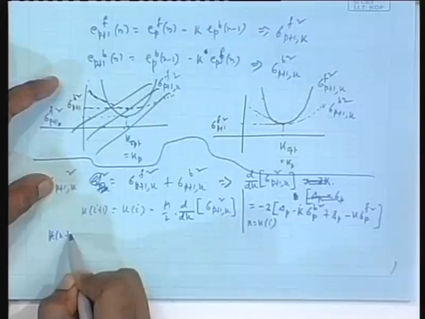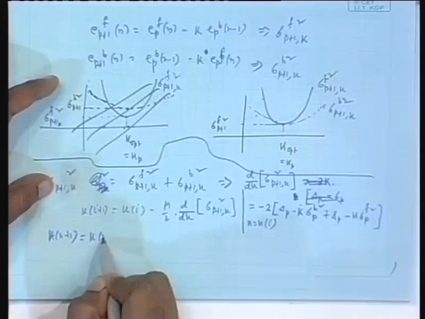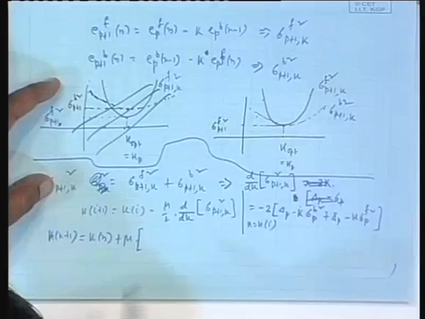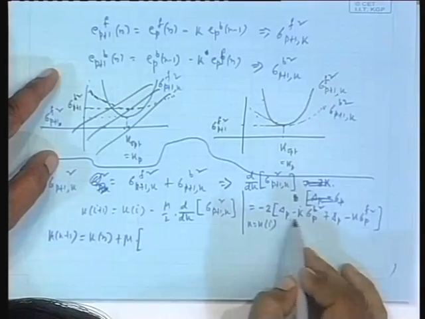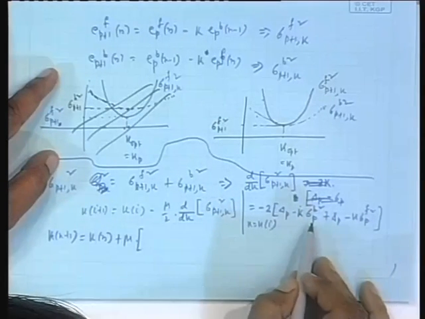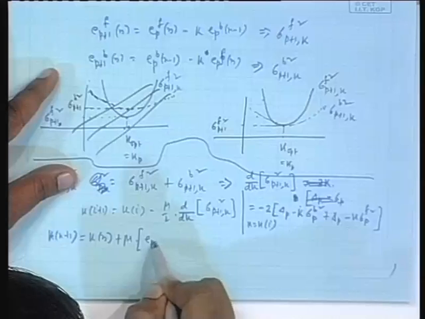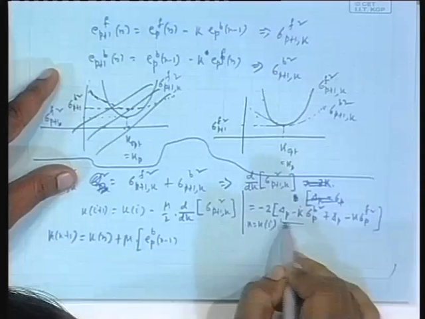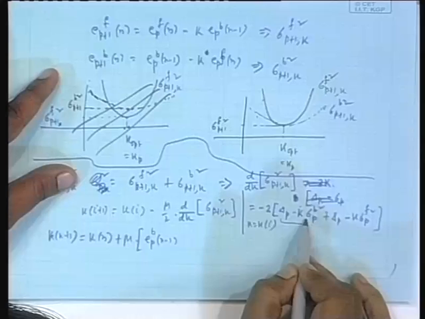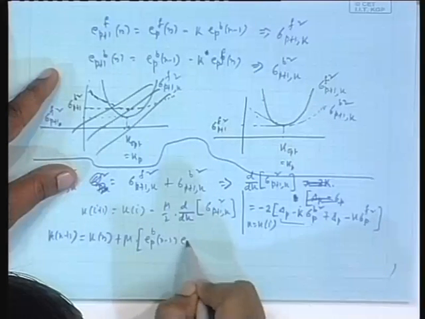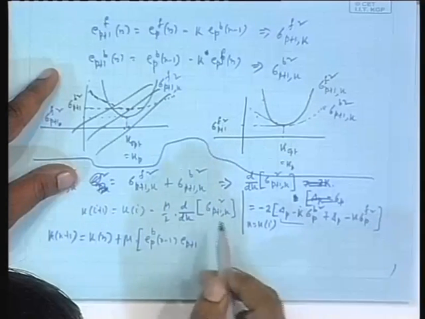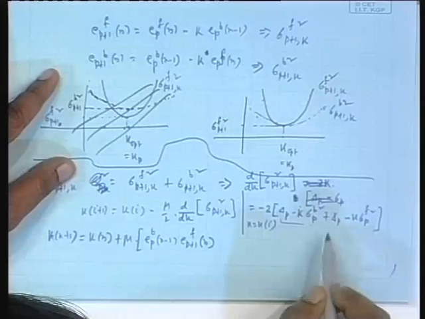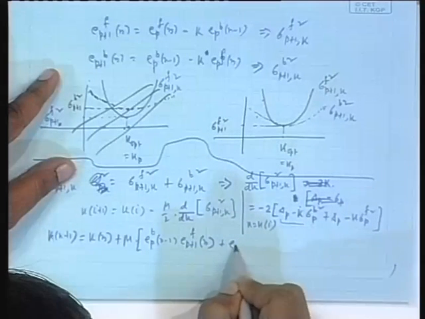So, k n plus 1 equals k n plus mu into, you take EPFN common, and between these two you take EPBN minus 1 common. So, EPFN minus kn times this. Another one, you take EPFN common.